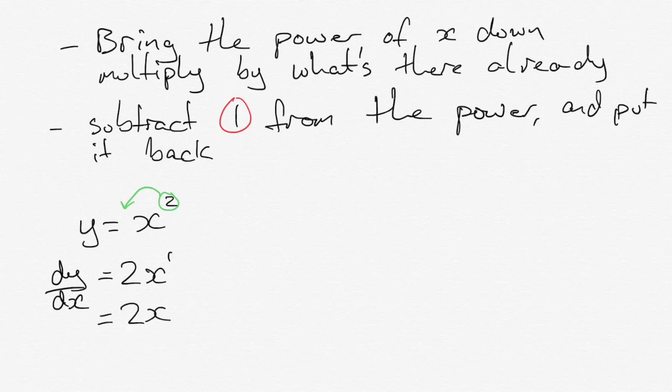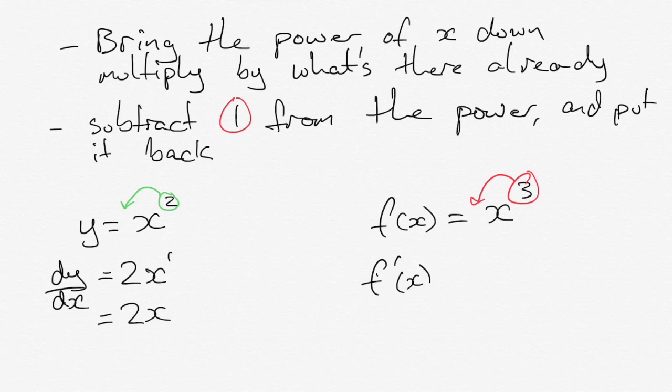It's nice and simple. Let's have a look at f of x is equal to x cubed. In this case, I'm going to bring down the power, bring that 3 down the front, and so f dash x is equal to 3 lots of x, and then we subtract 1 from the power. 3 take 1 is 2, so I put that back up the top. All right.